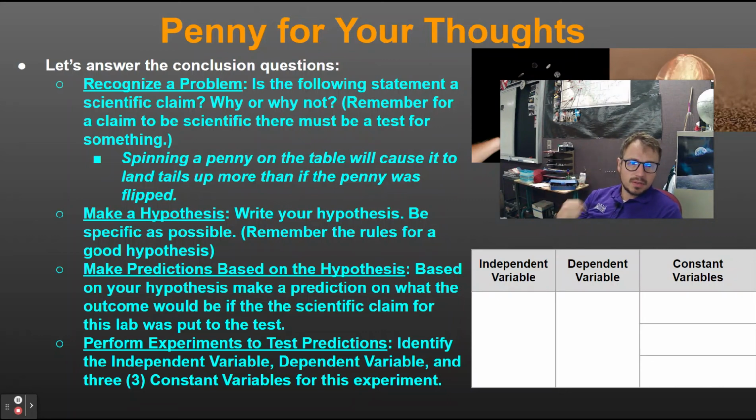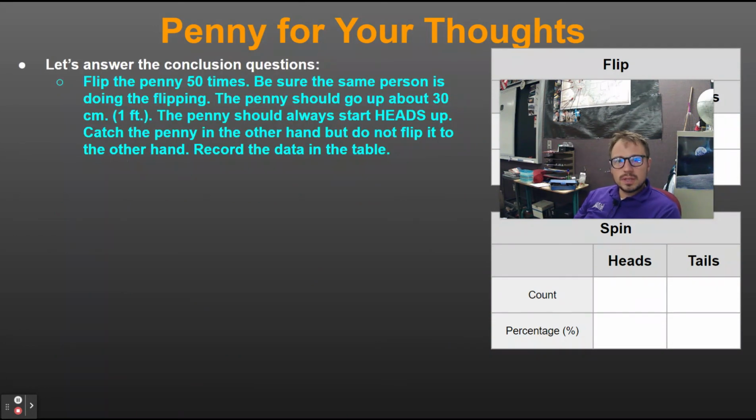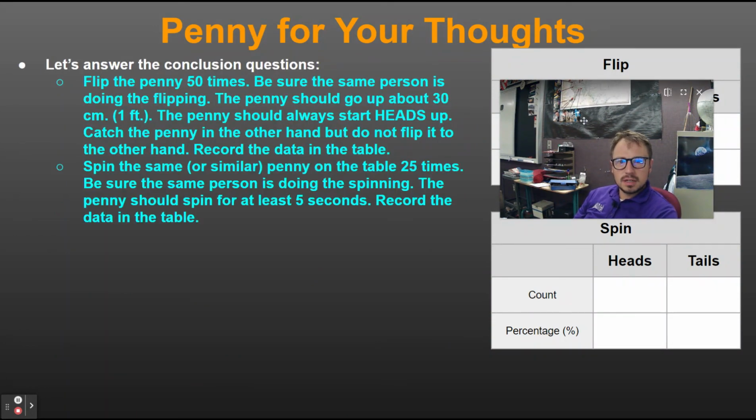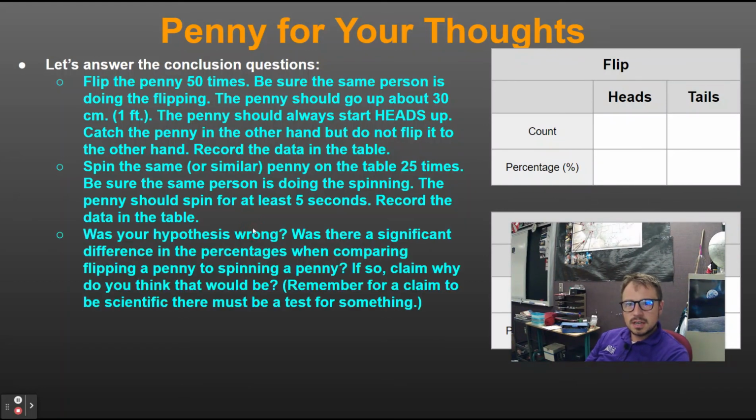We already went over the independent variable, the dependent variable, and the constant variables. So we did this experiment. We flipped the penny 50 times, measured it, and spun the penny several times. And so just answer, was your hypothesis wrong? That sort of depends on your data. Was there a significant difference in the percentages when comparing flipping a penny to spinning a penny?